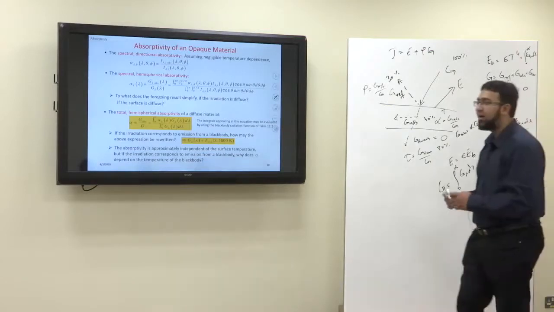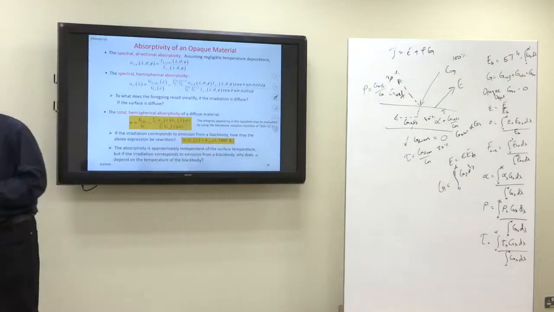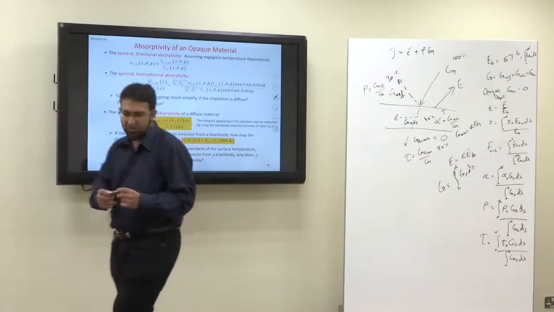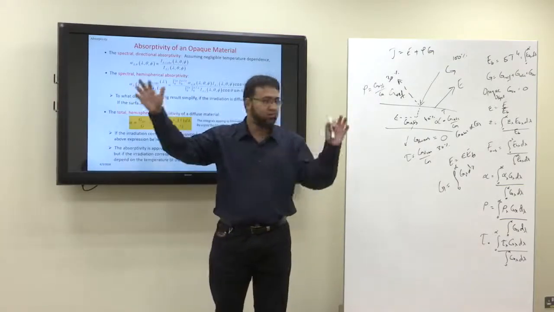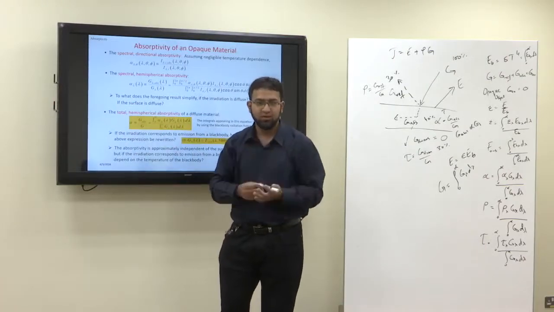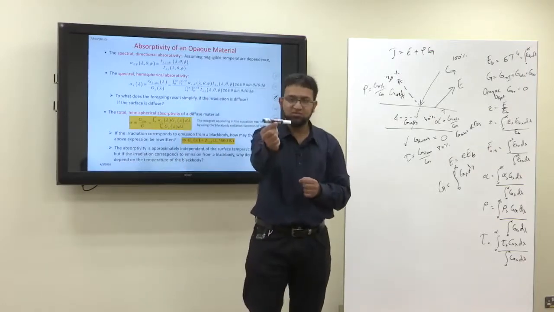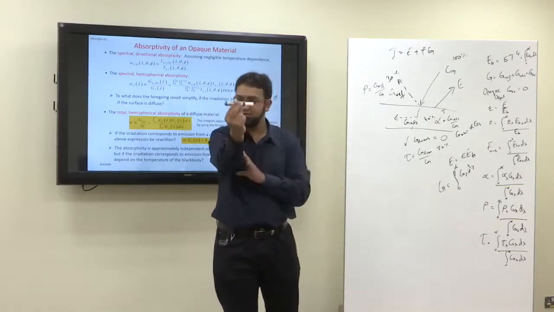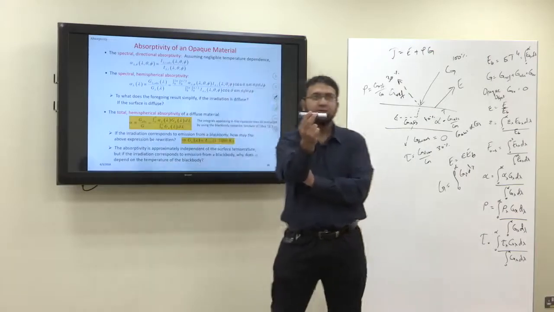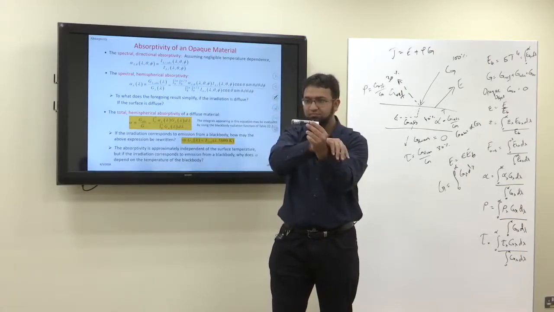Now here's an interesting concept. Look, if I close the door here and the windows are closed, this is a closed room. Let's say this is my body, and in this room there is nothing but this body. What do you think? The body will have a certain temperature, so it is going to emit radiation, right?